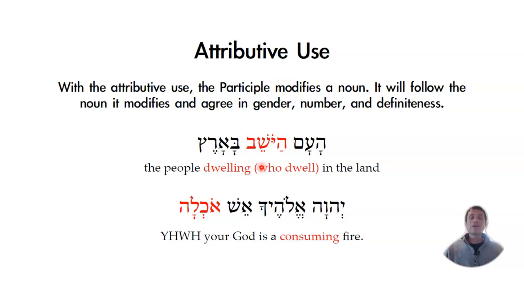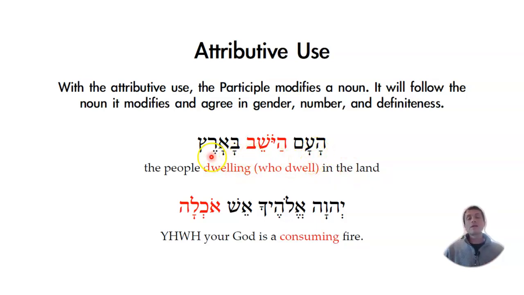So if the noun it modifies is definite, the participle also has to be definite, have the definite article. This is not true in English, of course, right? So, very literally, the sentence is, the people, the dwelling in the land. We have two thes, where in English you wouldn't have that. Again, just like the adjective.